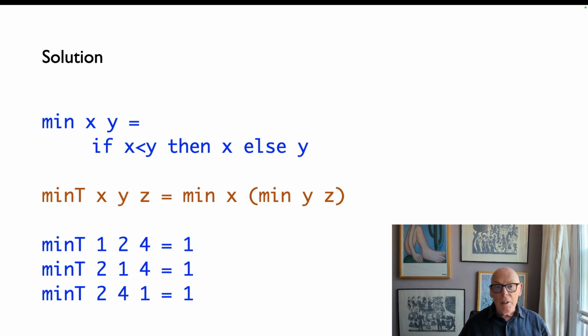Right, looking at the solution. It would be possible, though very tedious, to take the definition of min as an example of a template, if you like, for how to do something similar but with three arguments. We'd need to think about the relationship between those three variables.